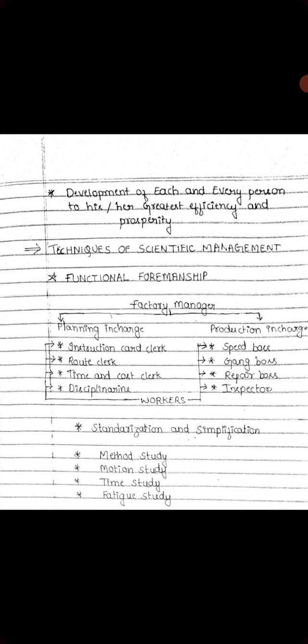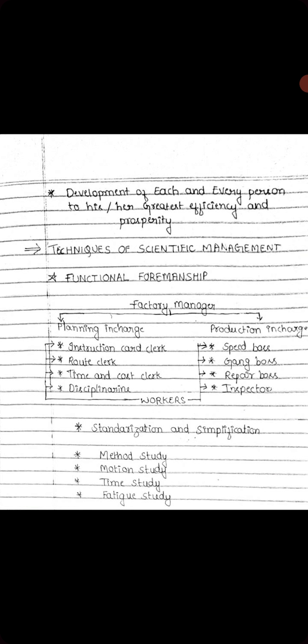So functional foremanship means in an organization there will be several people, hundreds or thousands of people working. Am I right? Yeah. Among those hundreds of people, not all of them will be specialized in all the works, in all the activities of the organization.